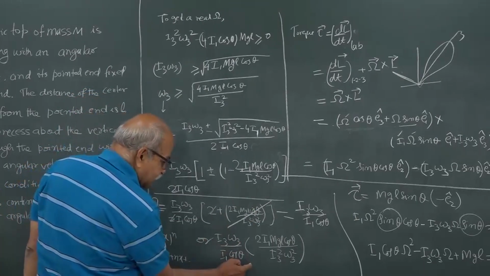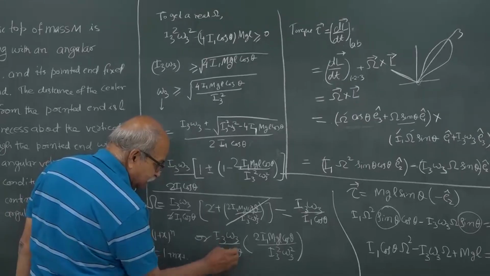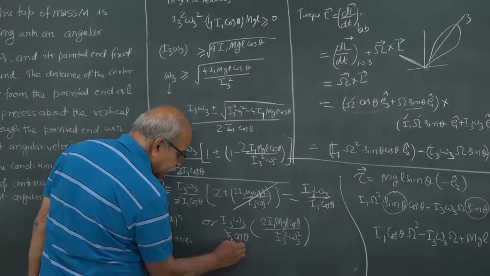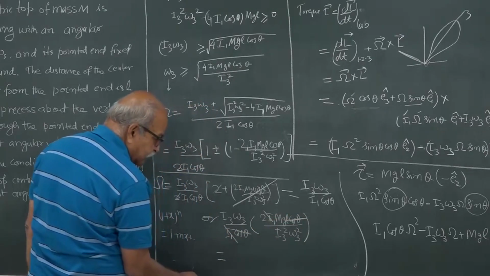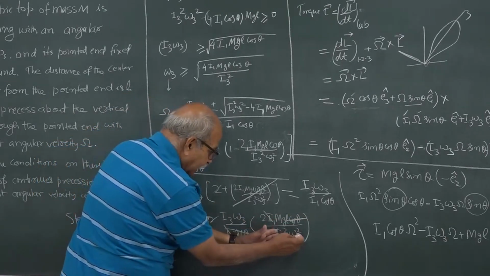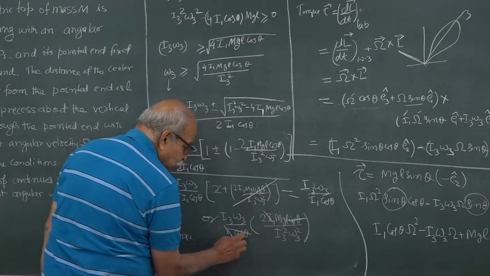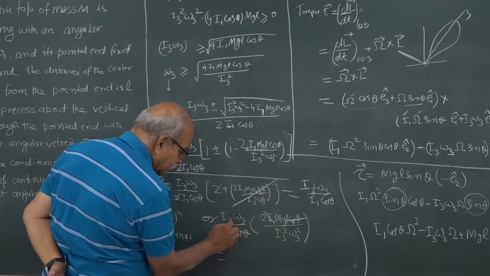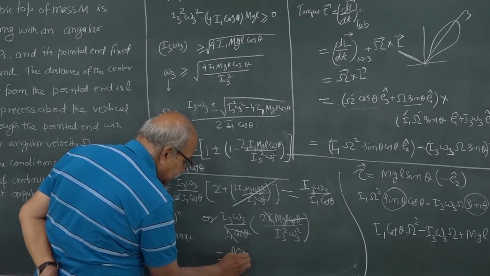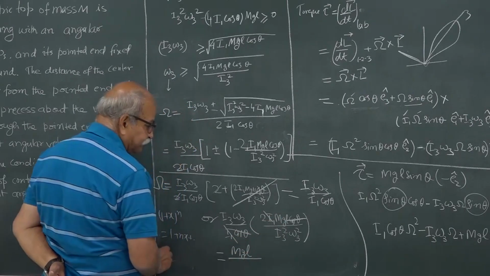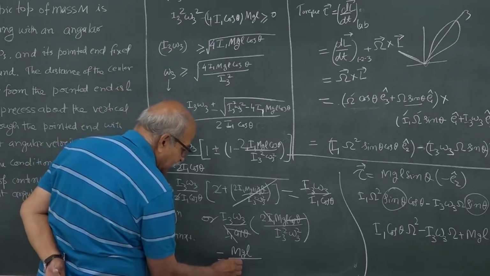The other choice is this, and then with this choice I 1 cancels out, this cos theta cancels out, and then I 3 omega 3 will cancel one power of this. So, what you have is now mgl only in the numerator, and divided by I 3 omega 3.